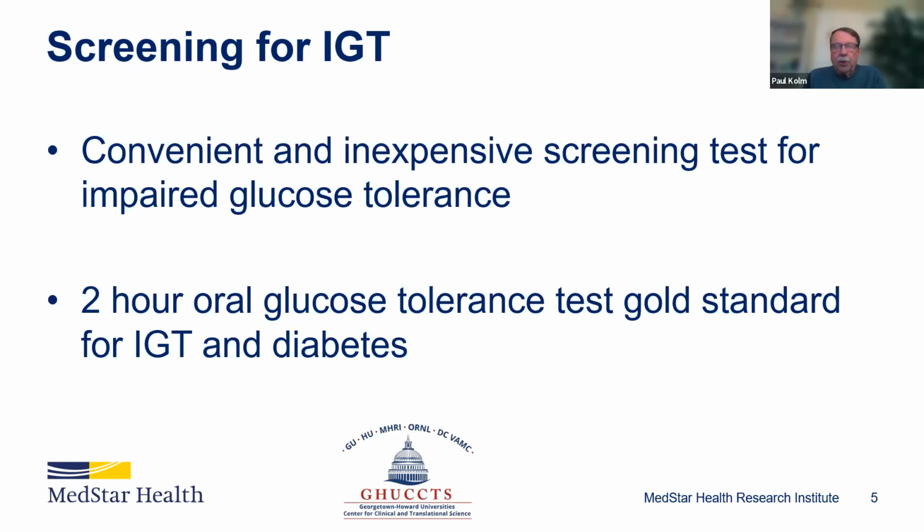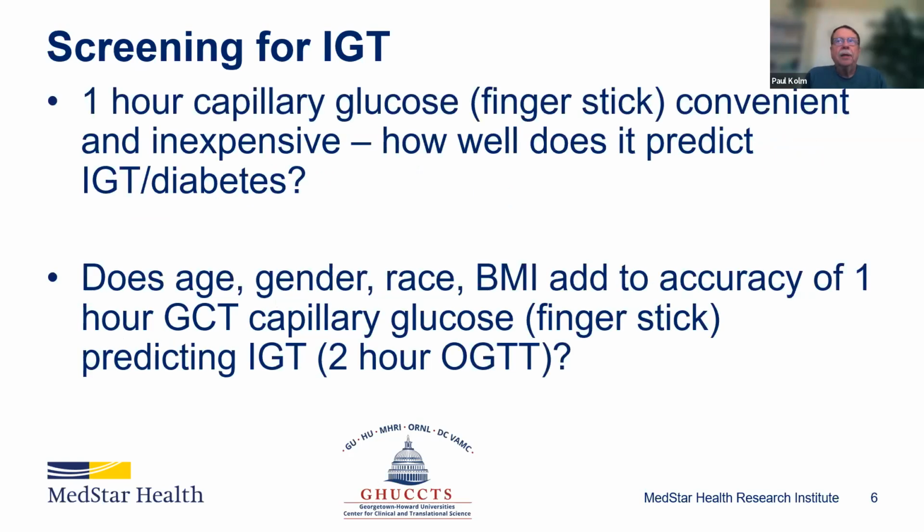And so what we want to do is see if a more convenient and less expensive test, a 1-hour capillary glucose test, basically a finger stick, how well does it do in predicting diabetes? And then we want to see if age, gender, race, and BMI add to the accuracy of the capillary glucose test in predicting diabetes or IGT.